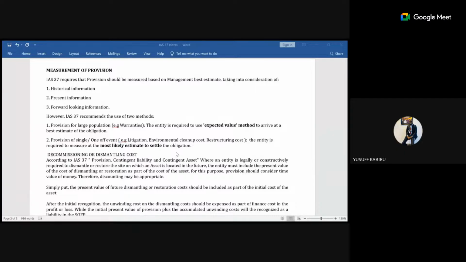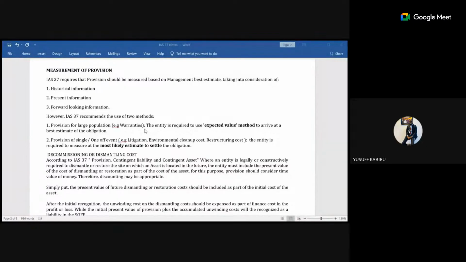Number one is that when the provision has a large population, IAS 37 says we should use the expected value method. An example is warranty. When we have a warranty, we should use the expected value method.